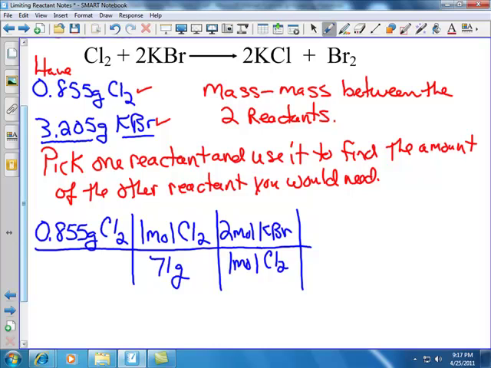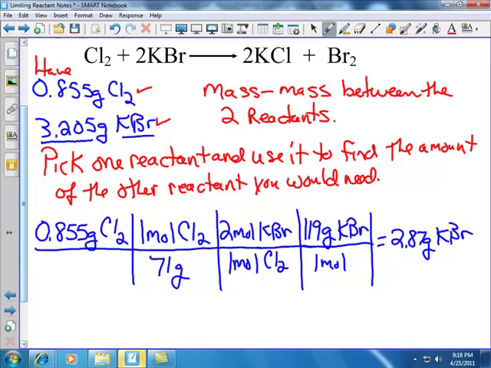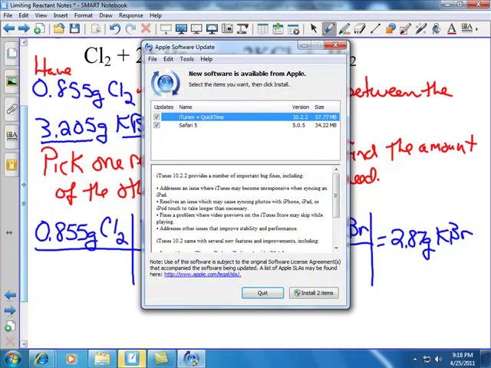Then I'm going to find the molar mass of KBr, which is 119 grams of KBr per 1 mole. Okay, and I'm going to do that calculation. And when I do that calculation, what I find is that I get 2.87 grams of KBr.